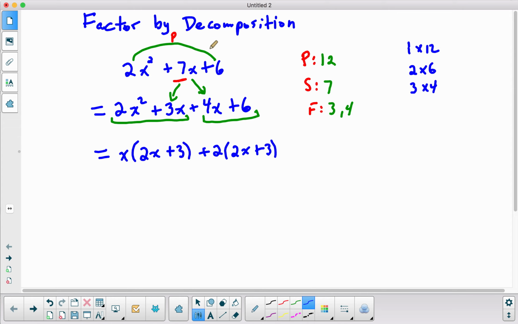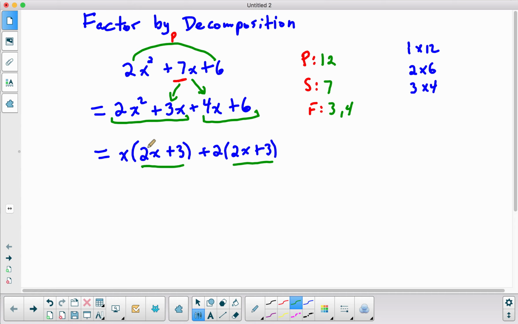Okay, we're almost done. Now, look at this first term here. We have x times 2x plus 3. In this term, x is a factor, and 2x plus 3 is also a factor. In this term here, 2 is a factor, but also 2x plus 3 is a factor.